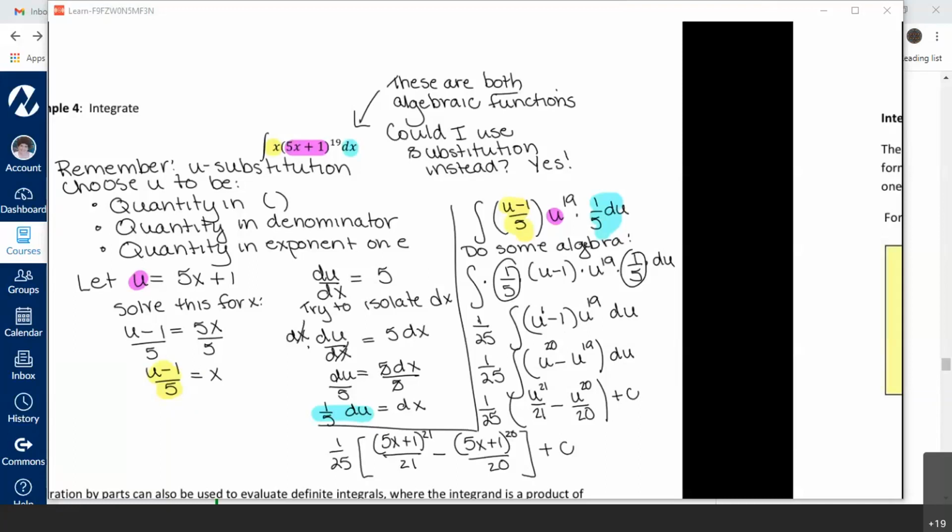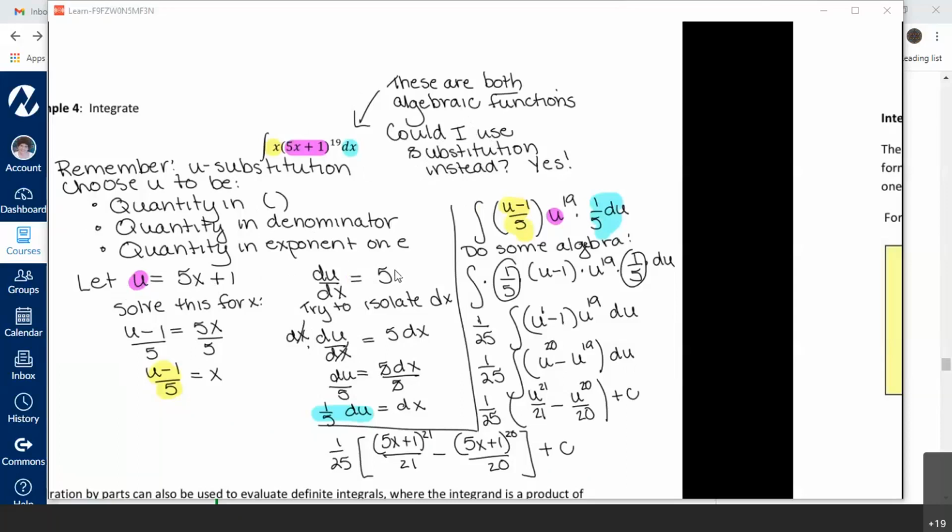Okay, so again, this required a little extra thought. And this is an example of using substitution in a way that extends what you did before. We started it out the same way.